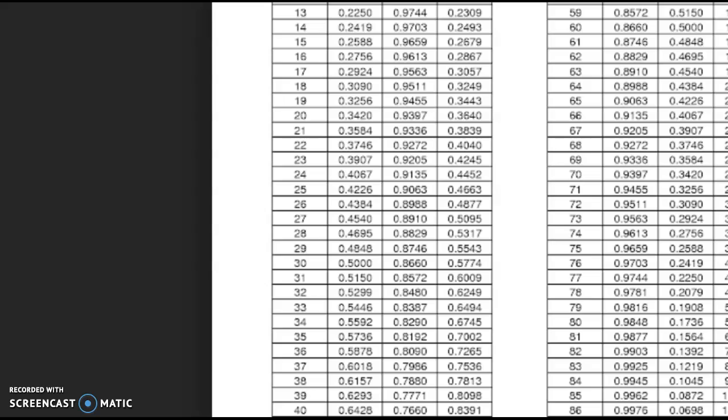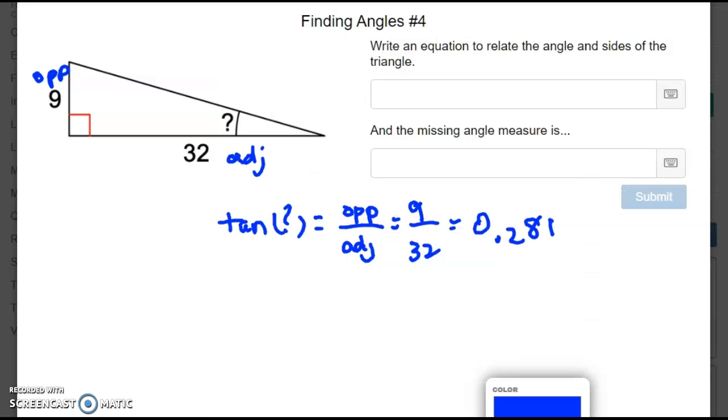So I'm going to say 16 degrees. So the missing angle measure is 16 degrees here. Okay, and we're done with the decimals.